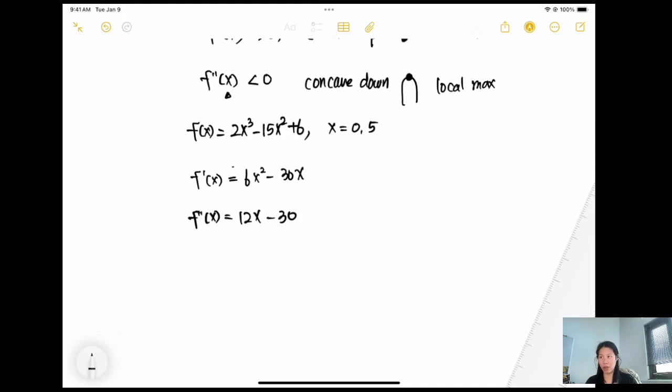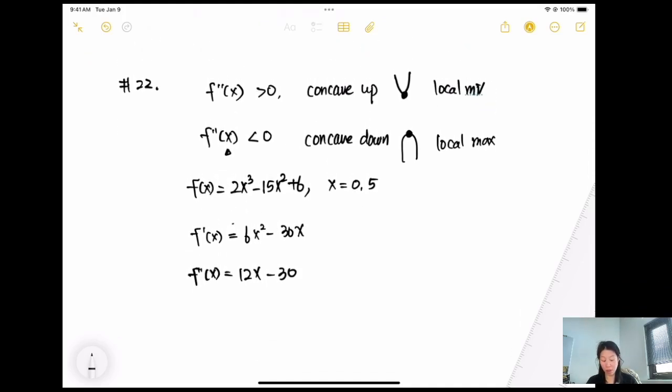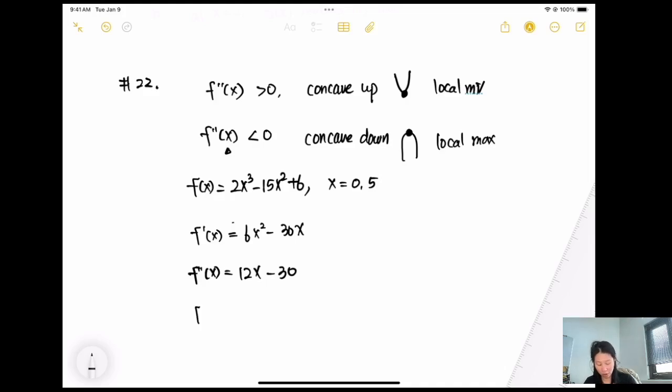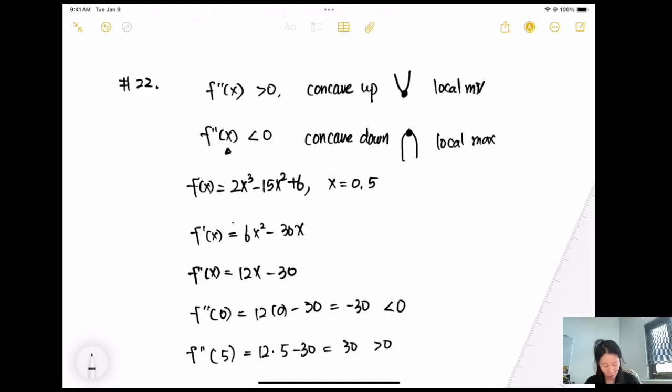All right, and now we need to plug the points x equals 0 and 5 into the second derivative. So the second derivative at x equals 0, we have 12 times 0 minus 30 equals negative 30. So this is less than 0. And then at 5, we have 12 times 5 minus 30, which is equal to 30, greater than 0.